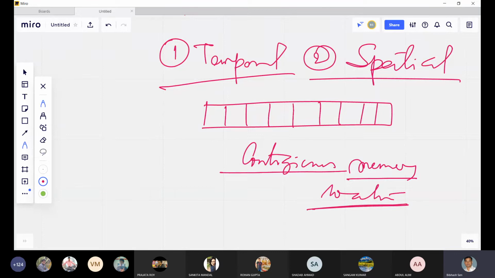In temporal locality, you are accessing this location, suppose, and there is a chance that after this you will access another location.